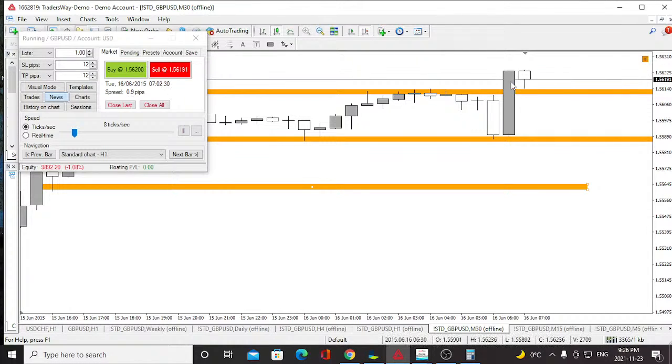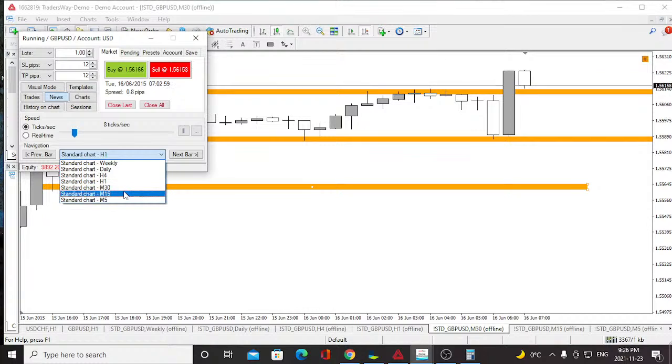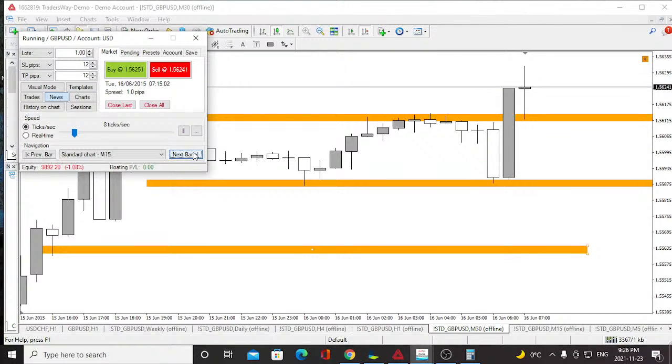For instance, if there was a wick here, I can think to myself price will come down and keep coming up. It's doing that right now, but we'll see. But that was my trade for the day. Let's see how the rest of the day pans out.